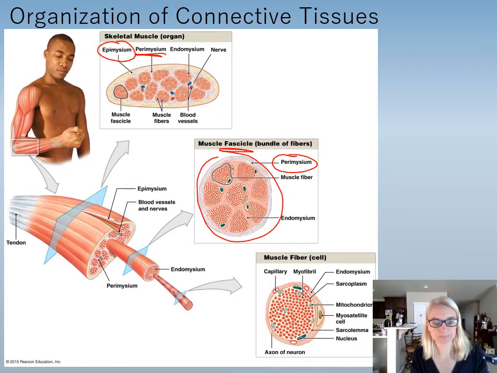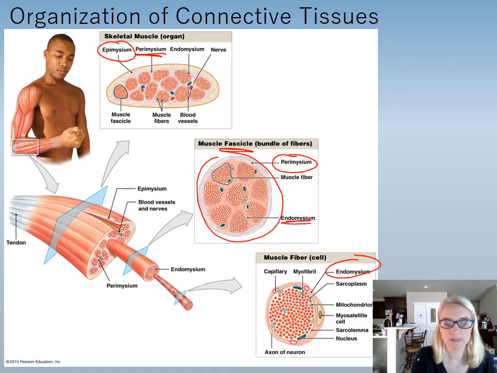And then each fascicle is made up of a bundle of individual muscle cells, which we call muscle fibers because they're long and skinny. And each individual muscle fiber is surrounded by its own connective tissue sheath called the endomysium. Okay? So we'll see some endomysium in the fascicle organization as well.